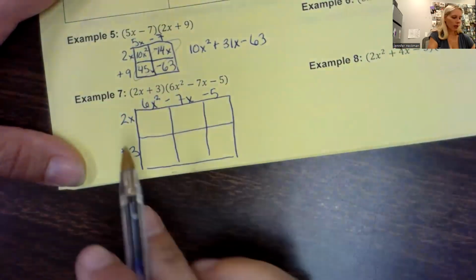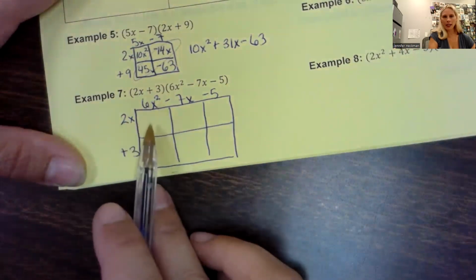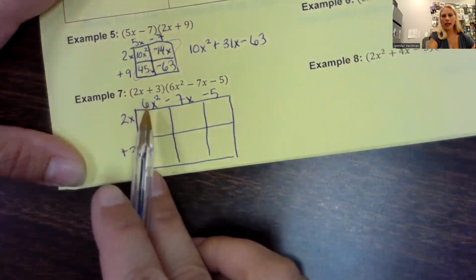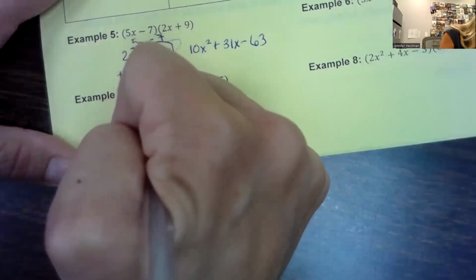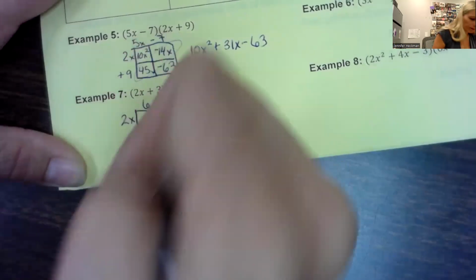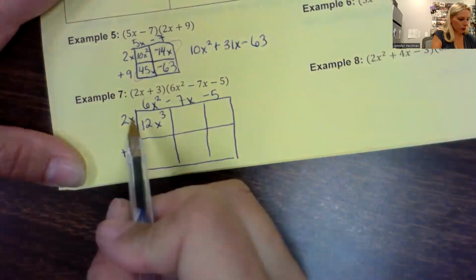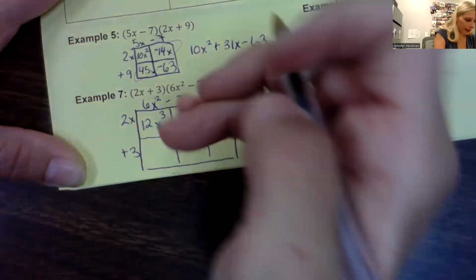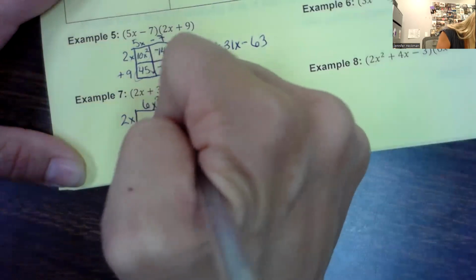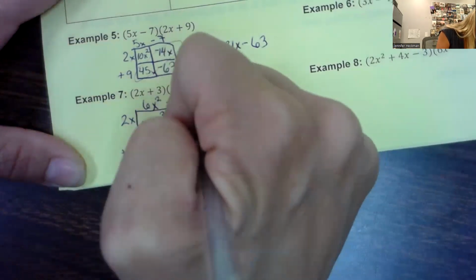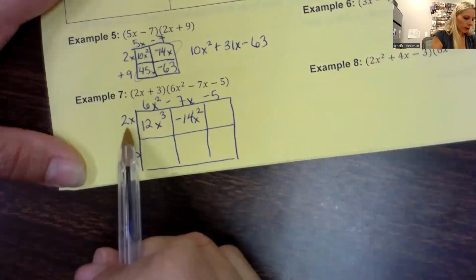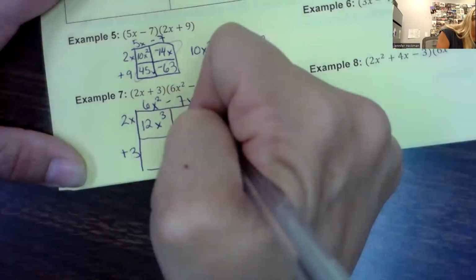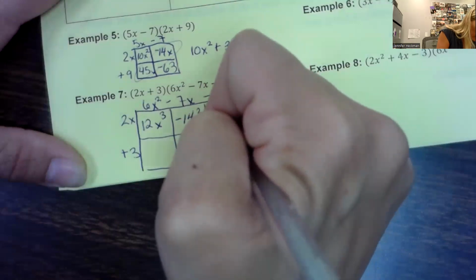So again, I'm going to multiply each box here. So 2x times 6x squared is 12x cubed. 2x times negative 7x is negative 14x squared. 2x times negative 5 is negative 10x.